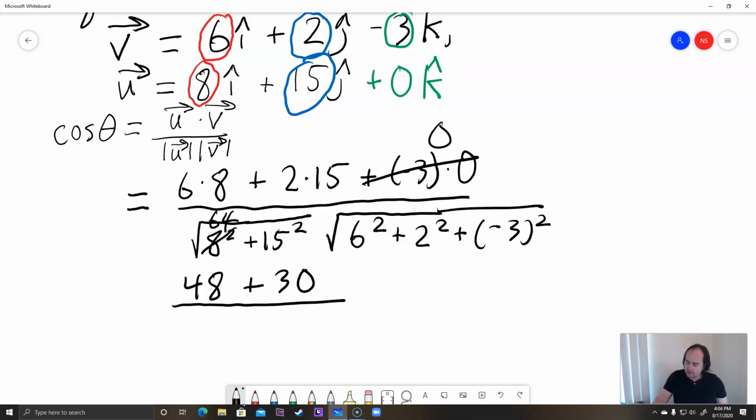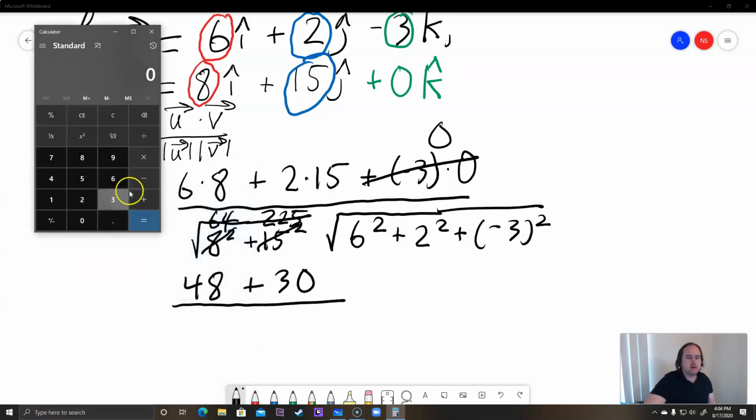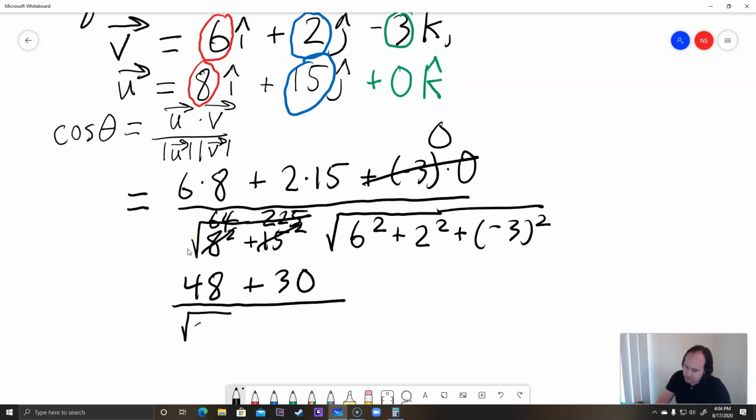So we have 64 plus 15 squared is 225. So 64 plus 225, if you want to, you can use your calculator if you're feeling lazy. I'm going to go ahead and use it, even though I could probably add that. So 64 plus 225 gives me 289. So on the bottom left, I have the square root of 289.